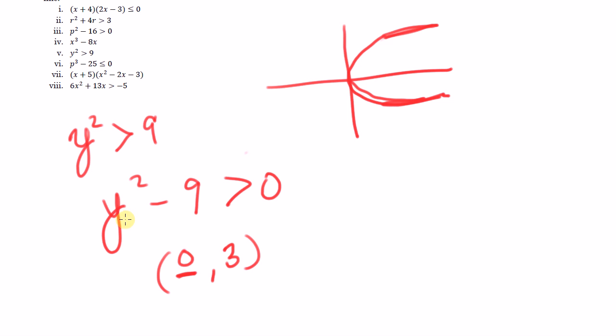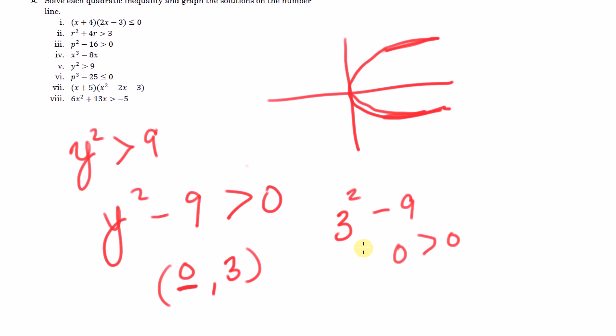But I don't only get 0. So wait, okay, so we got 3 squared minus 9. 9 minus 9 is 0, greater than 0. So at 3, we have 0. And this will be the parent function of y squared. There's a shift in here. So it's probably going to look a little different. So whatever. Let's just go ahead and plot some points.